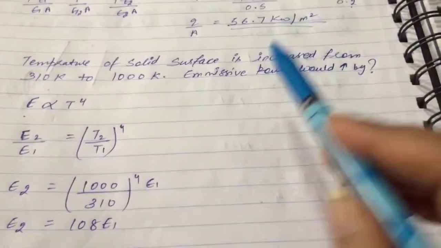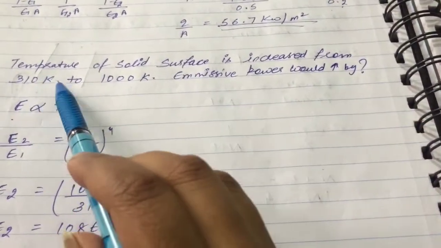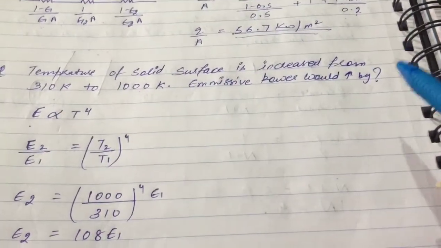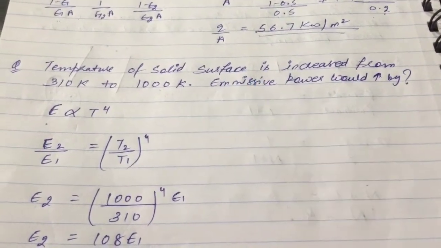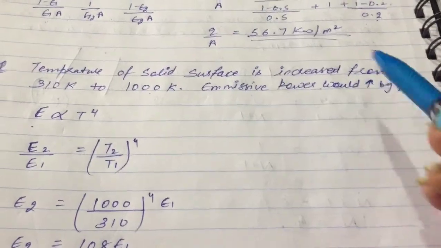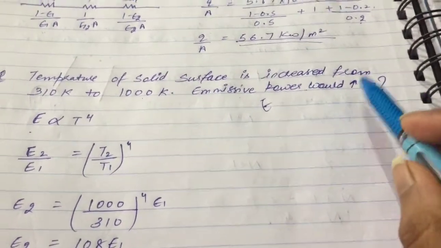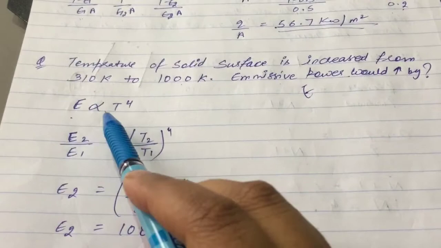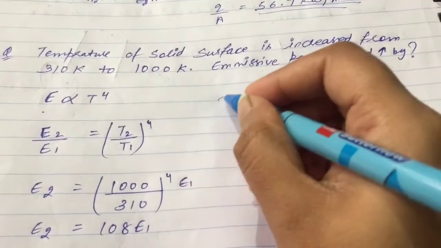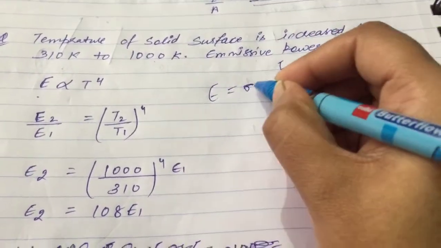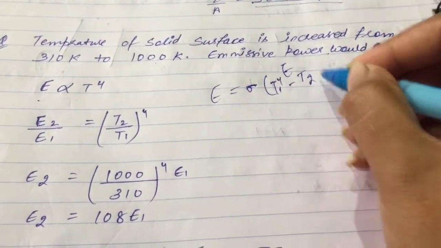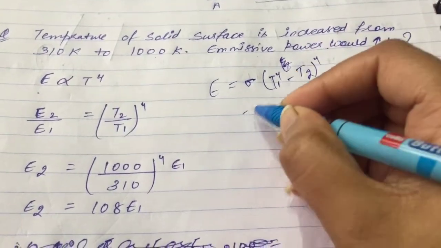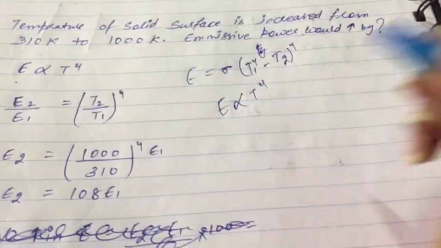Next question is, the temperature of a solid surface is increased from 310 Kelvin to 1000 Kelvin. So the initial temperature was 310 Kelvin and the final temperature is 1000 Kelvin. Temperature is being increased, so we have to find the emissive power, E. For that we know E is directly proportional to temperature to the power 4, because E is equal to the Stefan Boltzmann constant into T to the power 4, so E is directly proportional to T to the power 4.